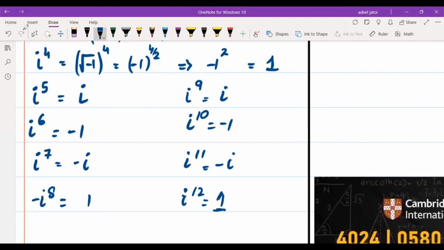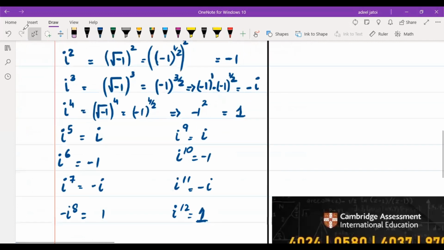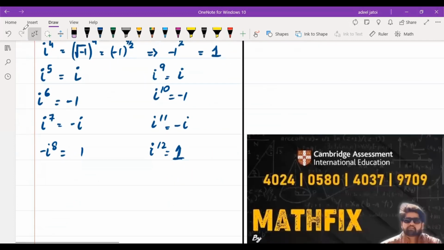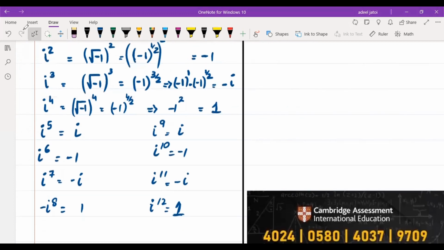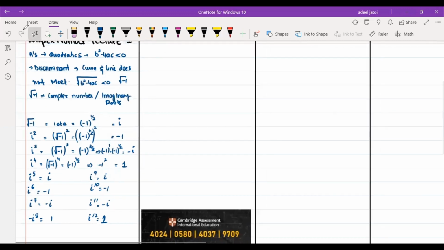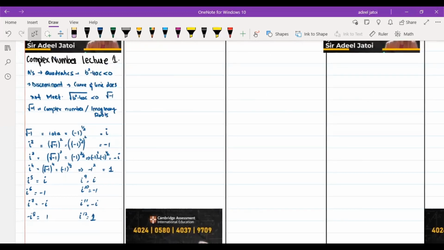So there are only 4 values determined through iota. Any power you put down will give just iota, -1, negative iota, or 1. These are the basics, because these 4 values will be used in the further complex number lectures.